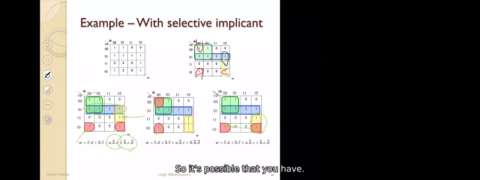So it's possible that you have it. But the thing is that these 2 terms, which are essential prime implicants, are always there. The rest we could select. Questions? No. Okay.